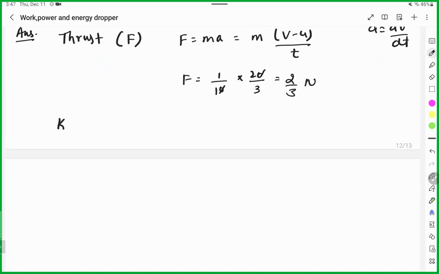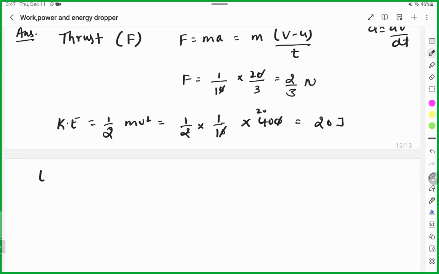If you calculate the kinetic energy gain, half, what is the mass? 1 by 10, and what is the velocity? 20. 20 square, so 400. So it will be 20 joule. Correct? So next is the energy per unit mass. How will you calculate it?